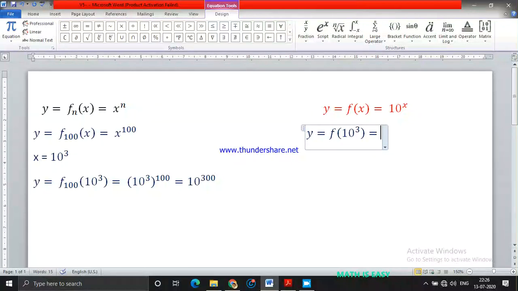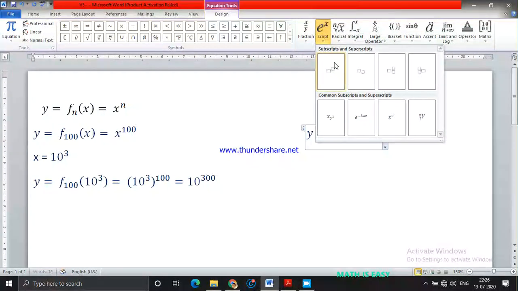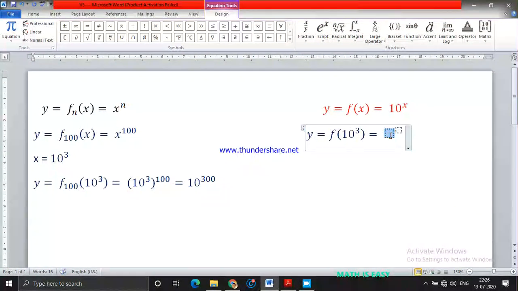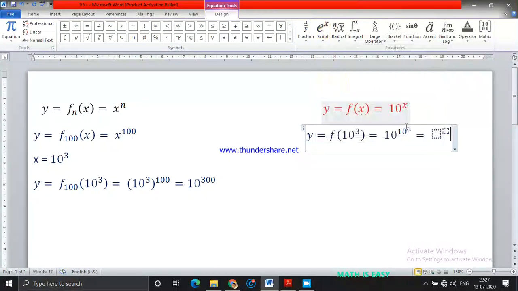The base is 10 only, and the power is x, so in place of x I have to put 10 cube. 10 cube is 1000, so you have 10 to the power 1000.